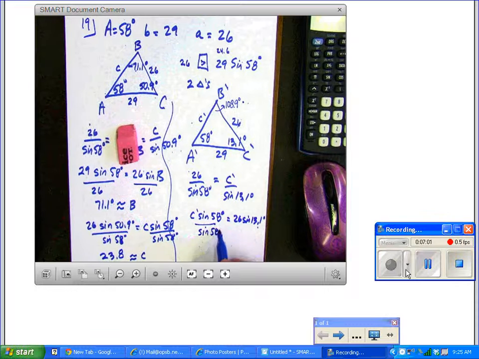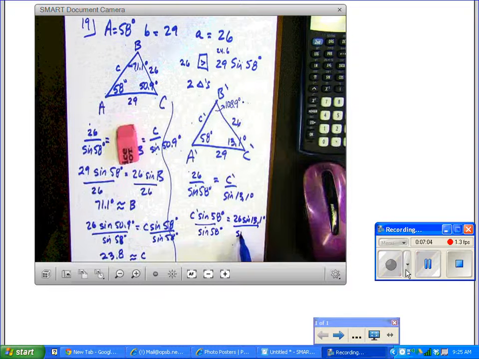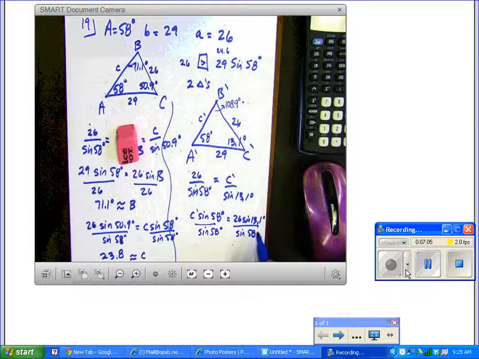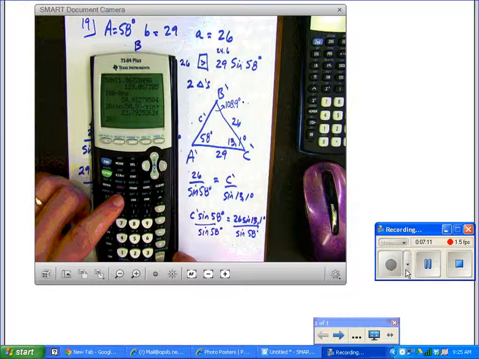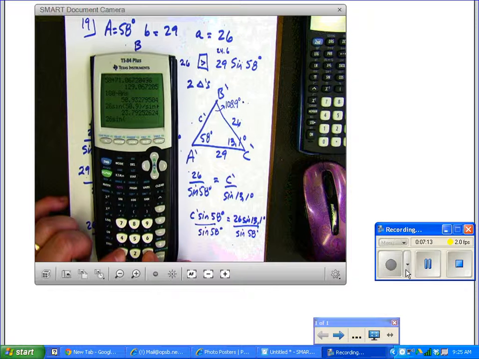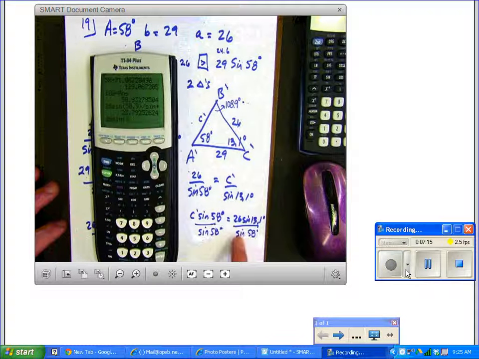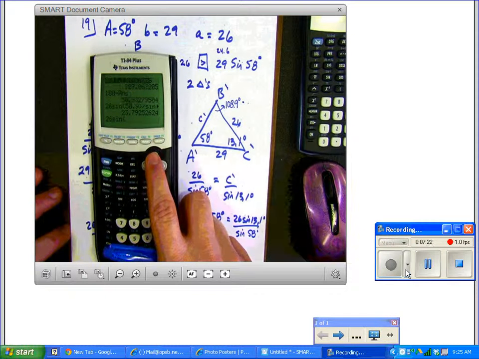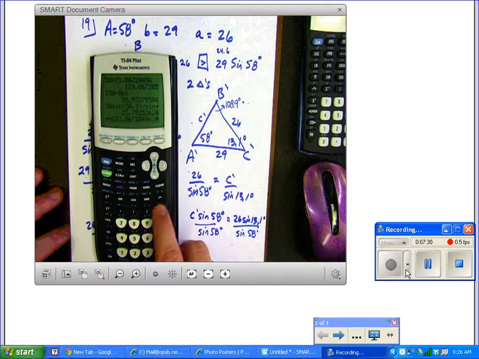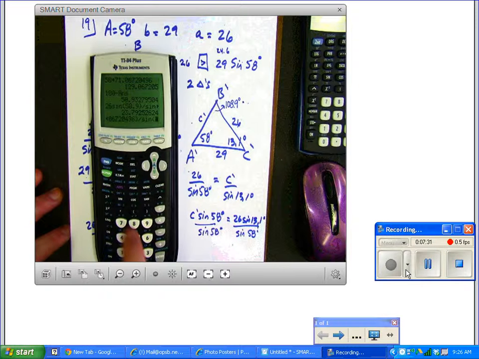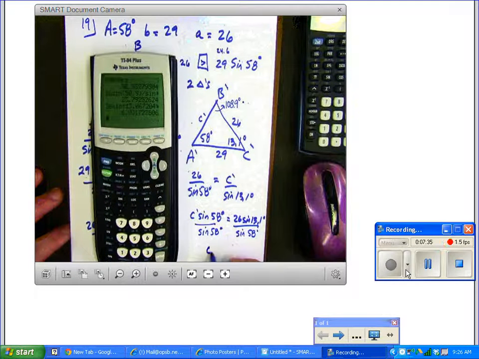So 26 times sine of 13.1, and then divided by sine 58. So c prime is about 6.9.